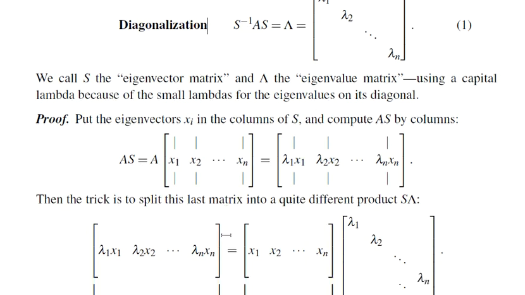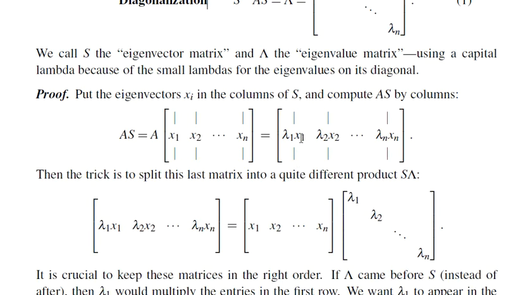Then we can split this lambda 1 x1: this same matrix can be written as the product of x1, x2, x3, the eigenvectors, and lambda 1, lambda 2, lambda 3 and so on.